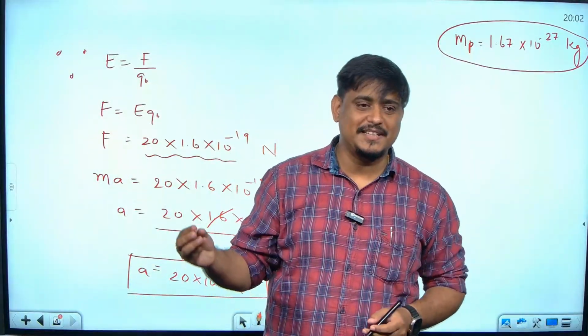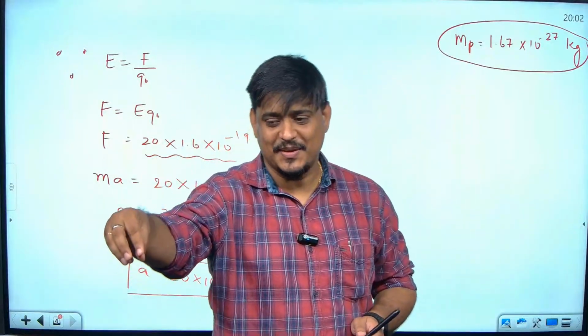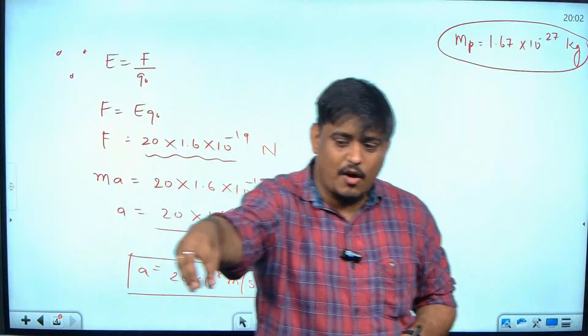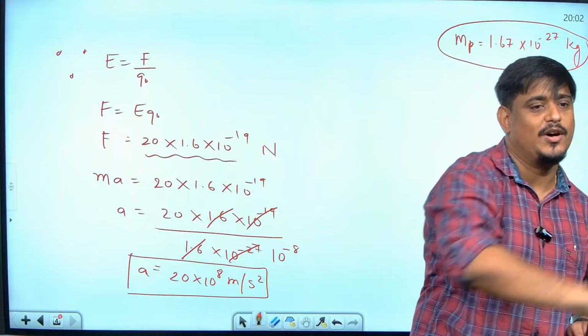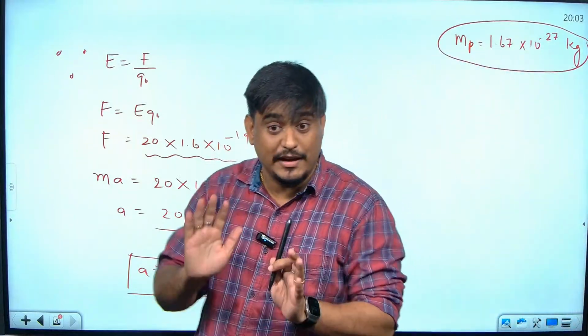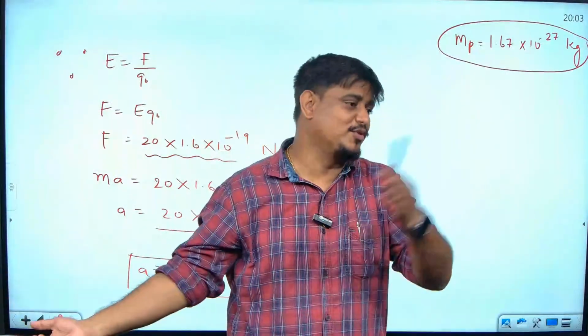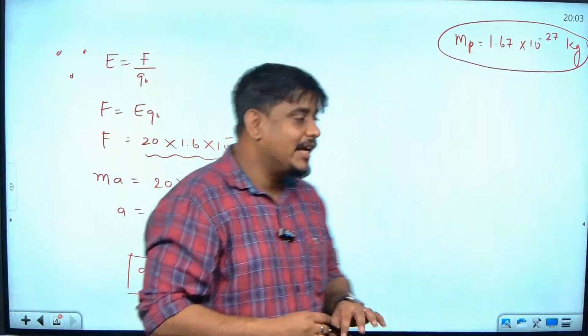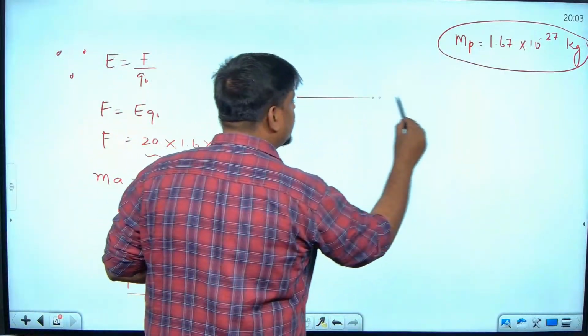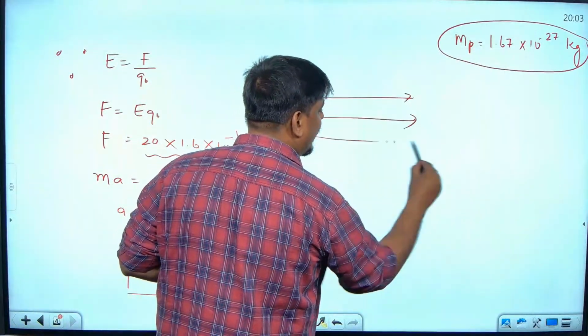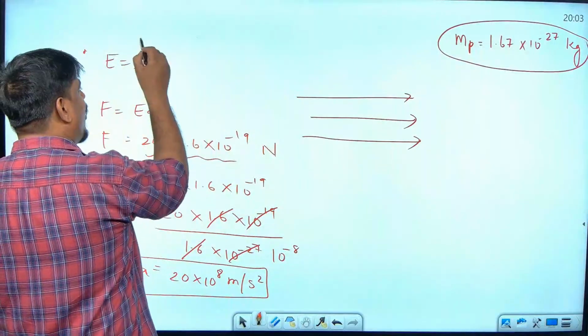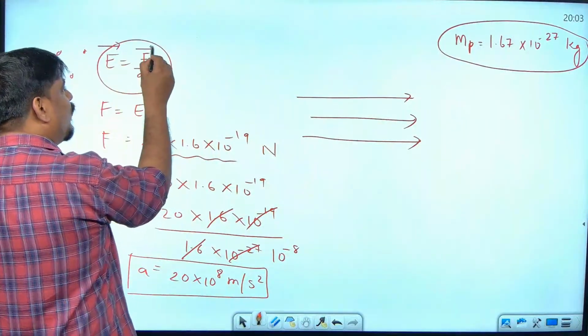If I place a charge, it automatically starts moving towards left. A positive charge starts moving in the same direction as the electric field, because the force direction and electric field direction will be same.